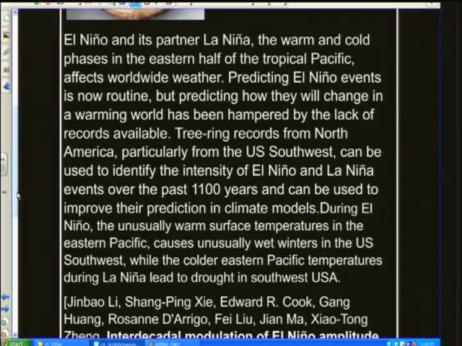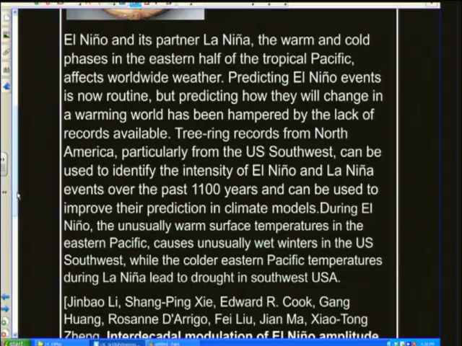We're talking about El Nino and its partner, the warm and cold phases in the eastern half. Predicting El Nino events is now routine, but predicting how they will change in a warming world has been hampered by the lack of records available.